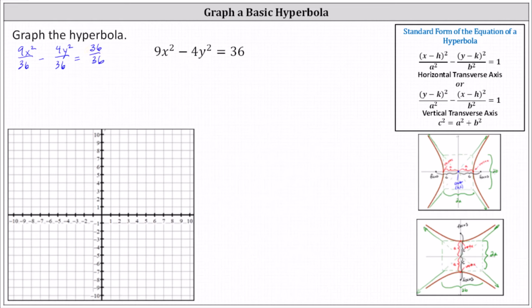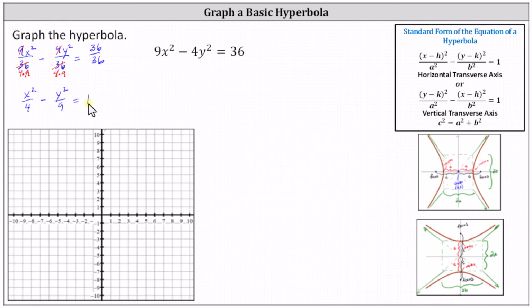And now we simplify. 36 is equal to 4 times 9. Simplifying, 9 divided by 9 simplifies to 1, and 4 divided by 4 simplifies to 1, giving us x squared divided by 4 minus y squared divided by 9 equals 1.